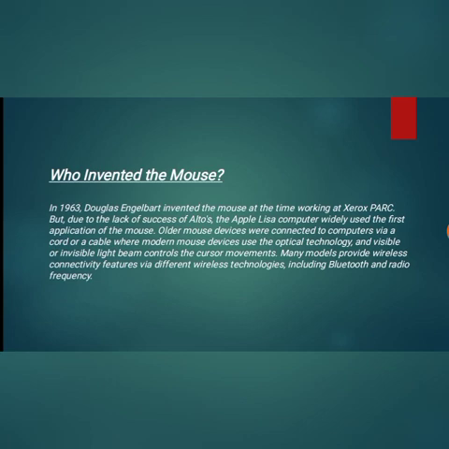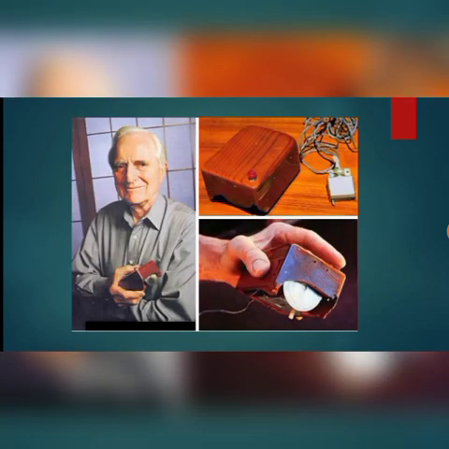Older mouse devices were connected to computers via a cord or a cable, whereas modern mouse devices use optical technology, and a visible or invisible light beam controls the cursor movements. Many models provide wireless connectivity features via different wireless technologies, including Bluetooth and radio frequency. This is how the first invented mouse looked like.